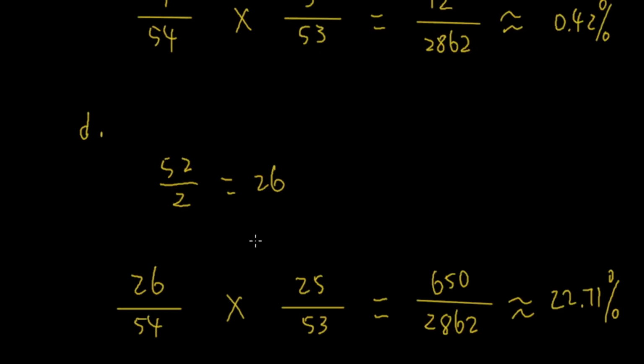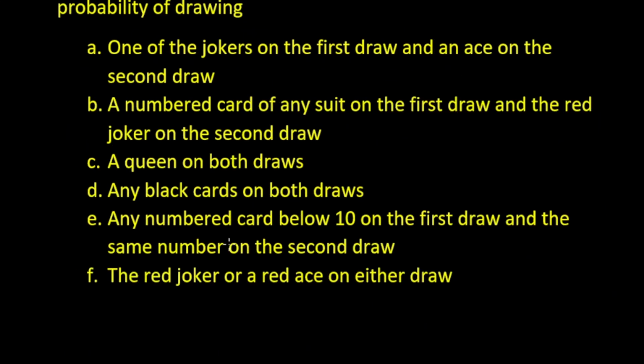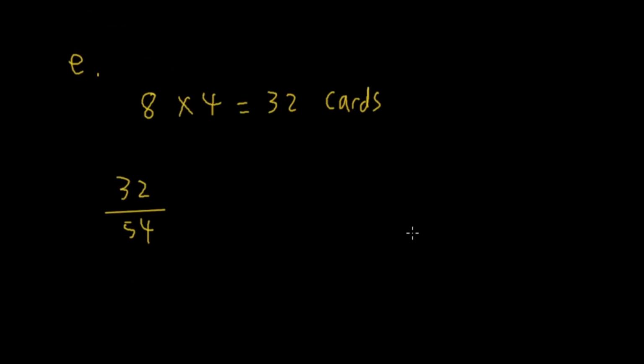Now, on the second draw, it has to be the same number. Each number card has only 4 cards. Since you drew one of them already, on the second draw you really have only 3 cards to draw from that have the outcomes that you want. Now again, you don't return the card, so you have 53 cards to draw from on the second draw.